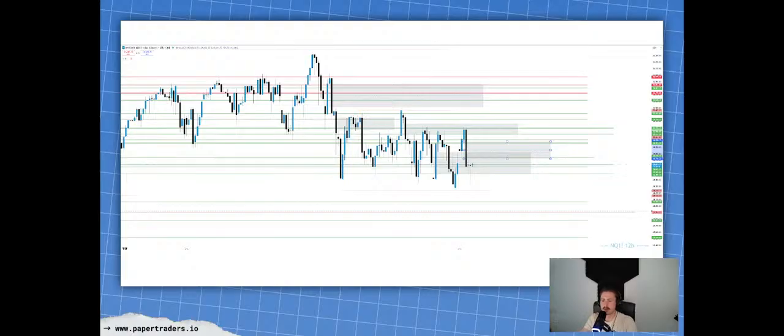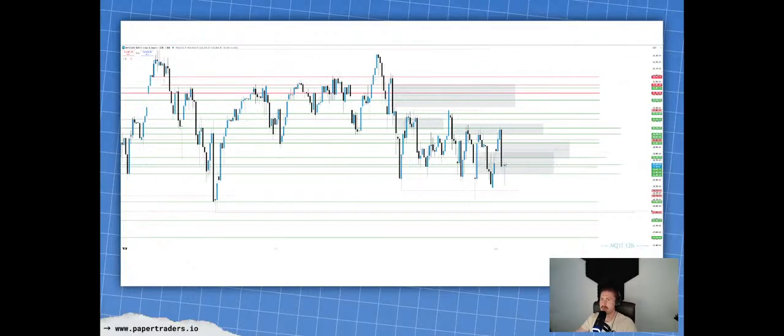Watching potential rejection at the 12-hour here from 24.7525 to 24.990. So those are the two potential levels that we could be looking for price to retrace down to, up to, and see what we do in terms of reactions there.